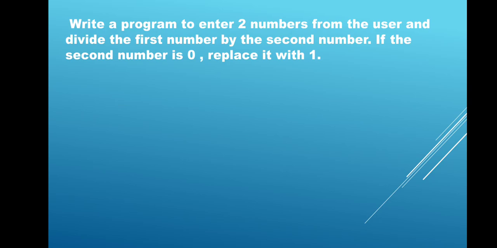If the second number is 0, change it to 1 and use it for division. But if the second number is not 0, use the original second number.